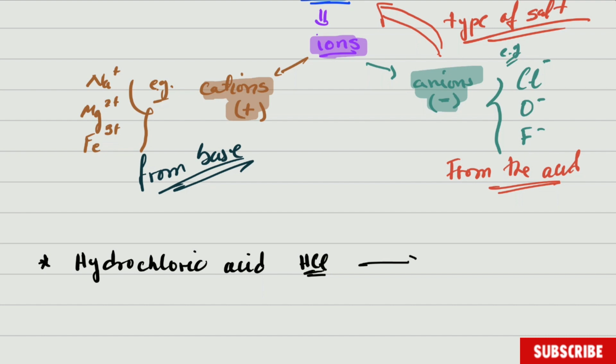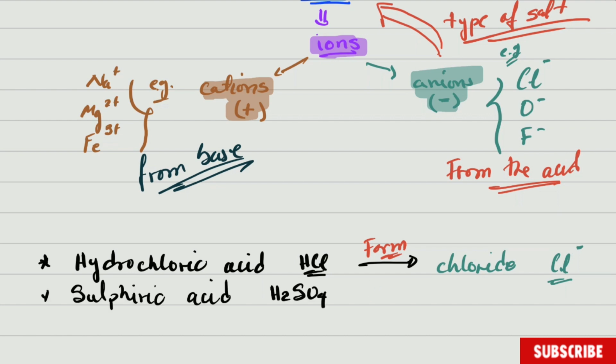In other words, the salt will have this ion. For instance, sodium chloride, potassium chloride, magnesium chloride. Those salts come from a reaction of hydrochloric acid with any base, but you will for sure get a chloride.